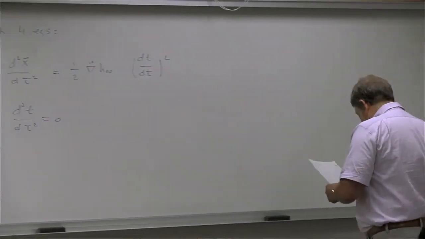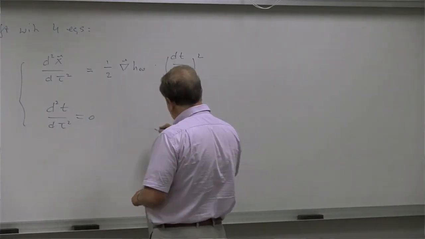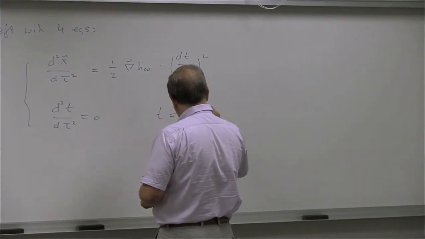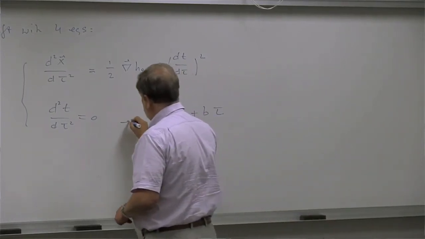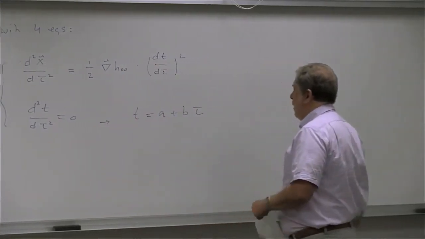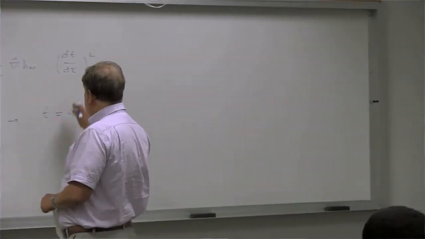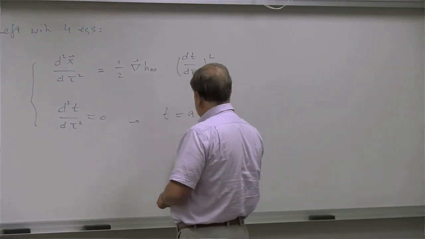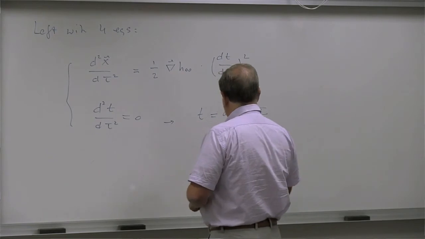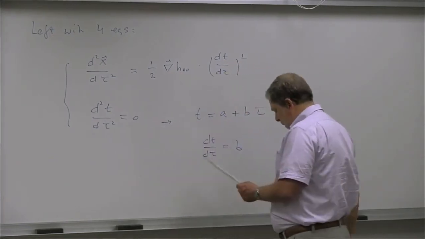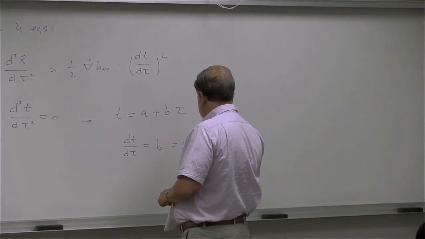So the last equation says that t is equal to a plus b times tau. From this equation, there's a linear relationship between the time and the proper time. And so dt by d tau is equal to just b, and that is some constant.